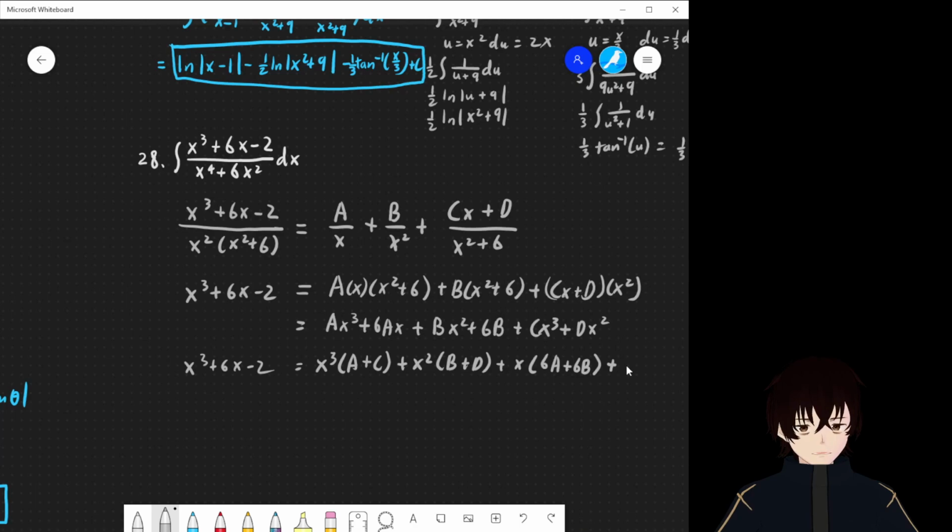Wait a minute. No. Then where does my -2 come from? This is not right. Bad. Wait. 6b. A little mistake here. 6a is the only thing we'll have in terms of x, right?